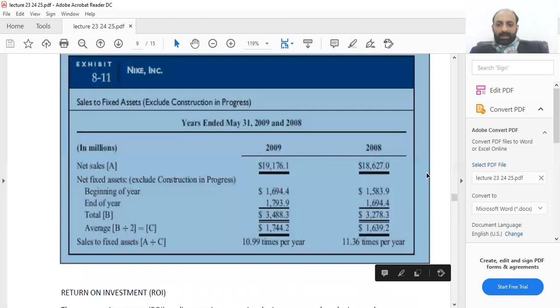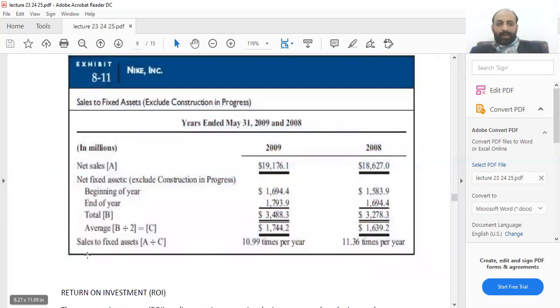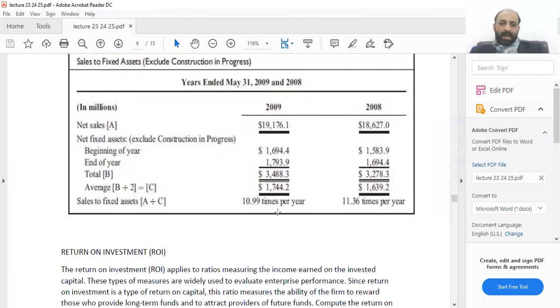And when we divide net sales by the average fixed assets, you get the sales to fixed assets ratio. Now, in 2009, it is 10.99 times per year.